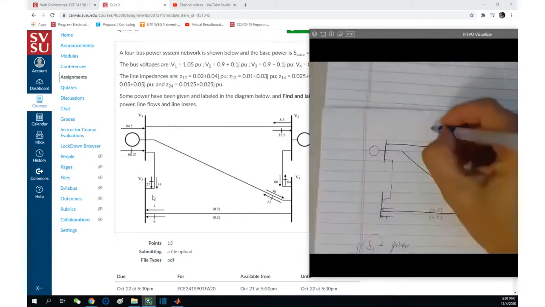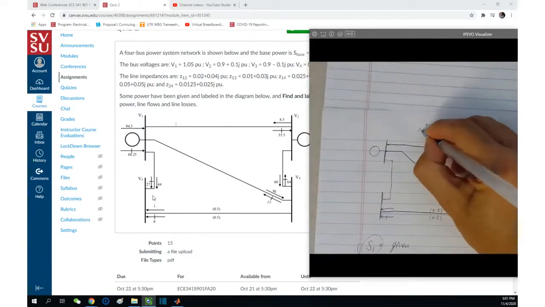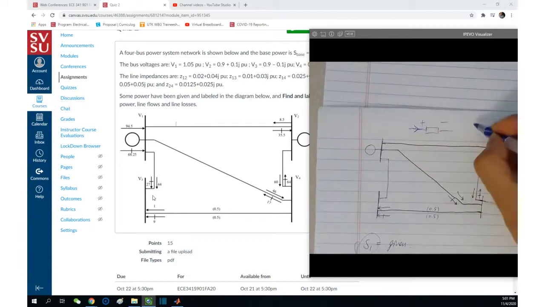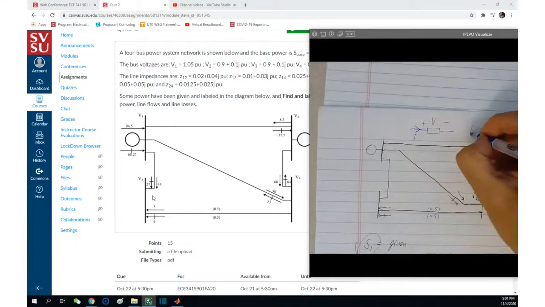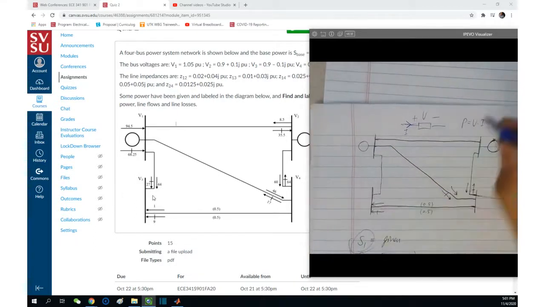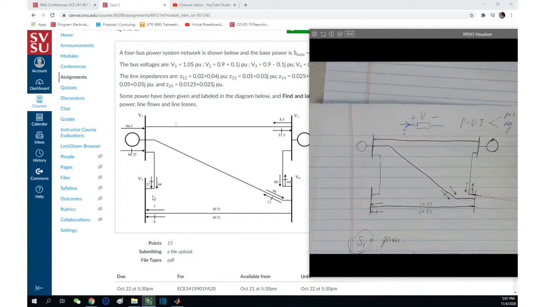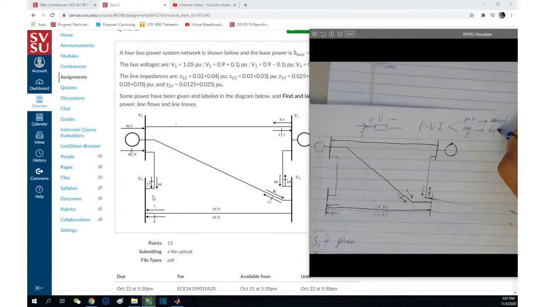If you have a component here, and you're defining polarity in this way, you're defining the current times this voltage, the power equals this times voltage. And from here, you are saying positive or negative. Positive is consuming, or say absorbing. Negative here means delivering, right?